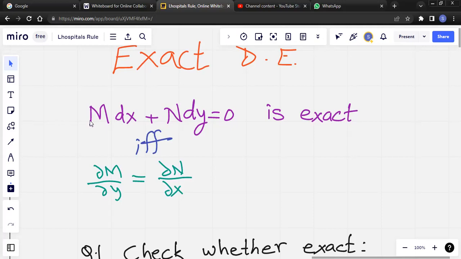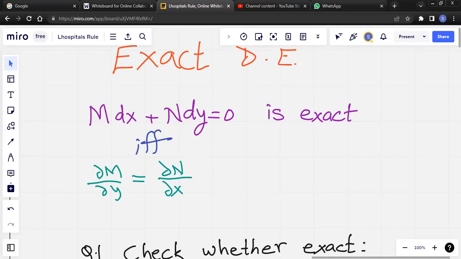What is M? Coefficient of dx. What is N? Coefficient of dy. So if the derivative with respect to y of M and the derivative with respect to x of N are equal, the equation is exact and vice versa. So it is if and only if.